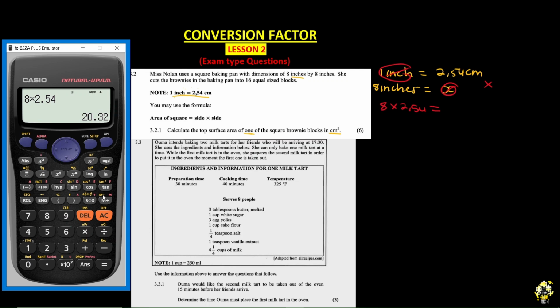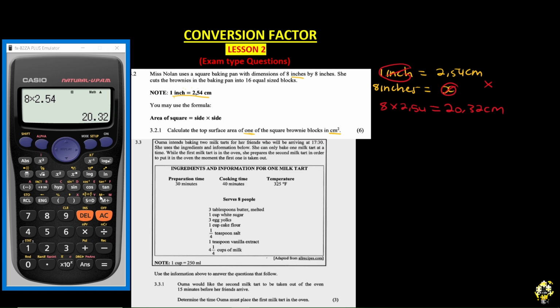So it says that we have 20.32 centimeters. So we know that this baking pan, since the dimensions are all equal, one side or both sides are essentially 20.32 centimeters because we have converted it from inches.